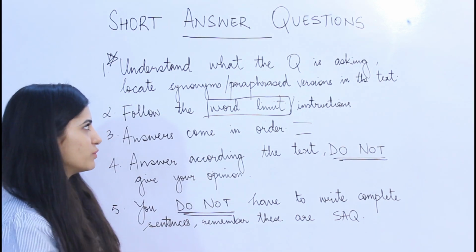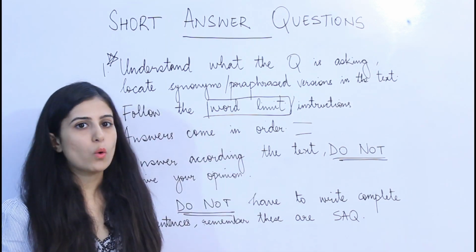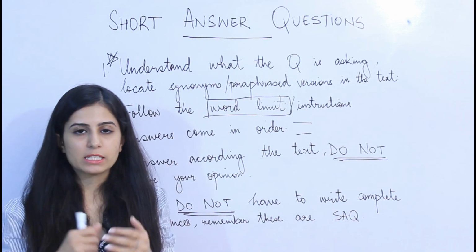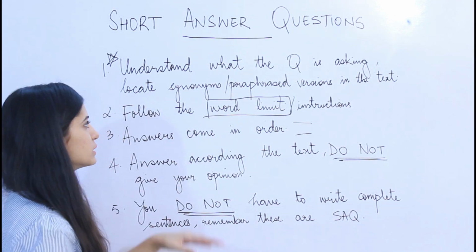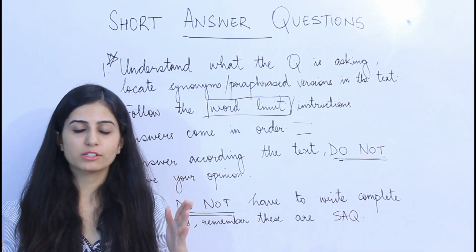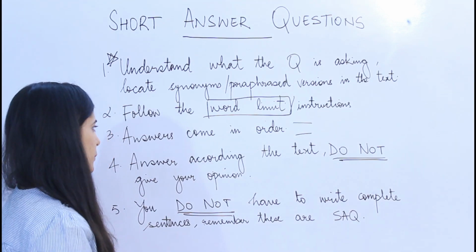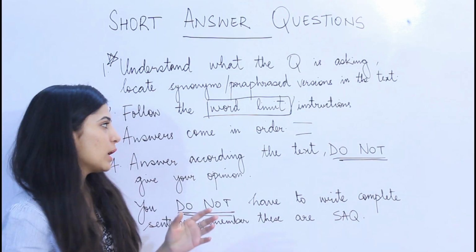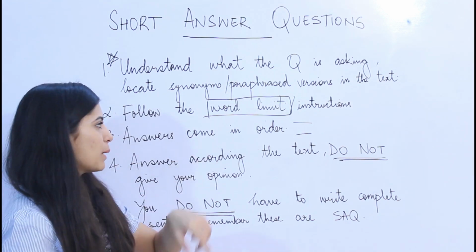So that becomes your first one. The second one is obviously once you locate those particular sentences where you can find your answer, the next step is to look for the word limit and try to fit in your answer in that word limit.